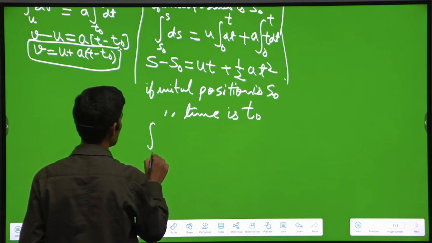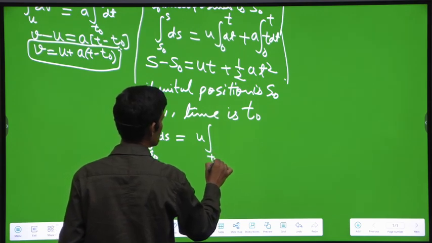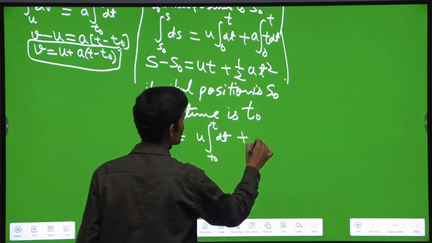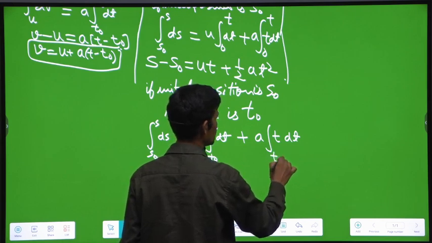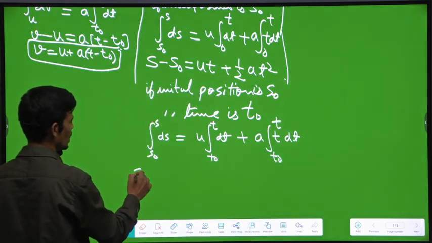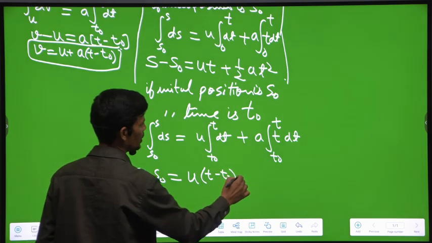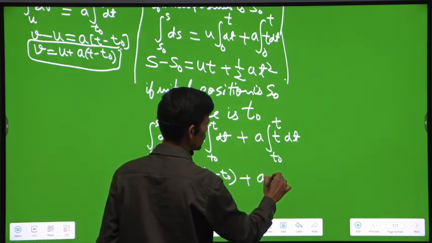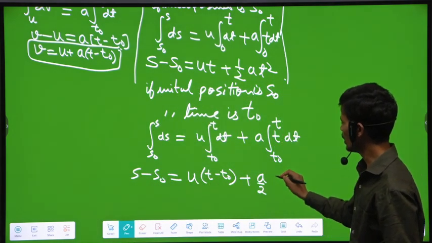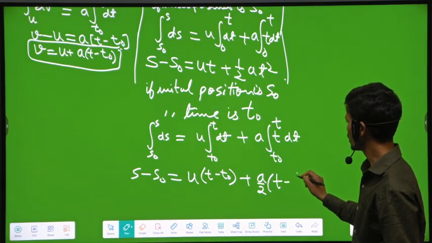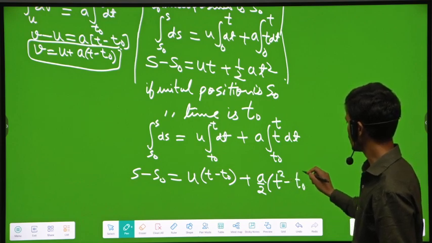Then it will be s naught to s ds equal to u, t0 to t dt, plus a t dt, t0 to t, and hence it will be s minus s0 equal to u times t minus t0, plus a by 2 times t square minus t0 square.